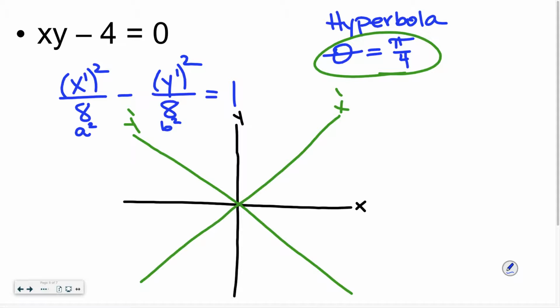So, our center is at x prime, y prime, 0, 0. And we have a horizontal hyperbola with vertices that are radical 8 away. Well, radical 8 is almost 3.